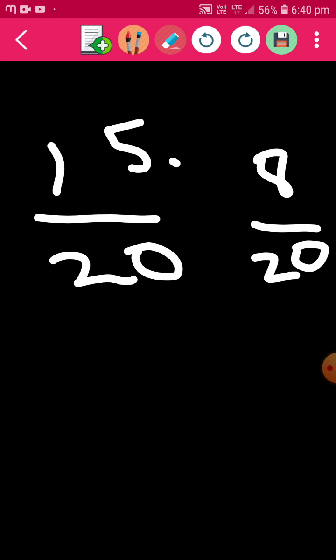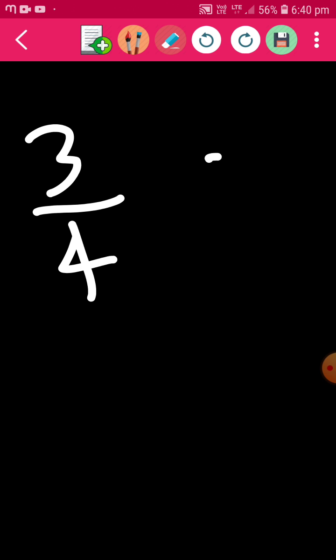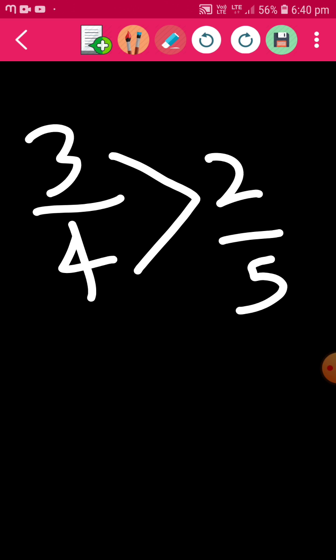Of course 15 by 20 is bigger. So then we will replace them with the original fractions, that are 3/4 and 2/5. So now we know that 3/4 is bigger than 2/5.